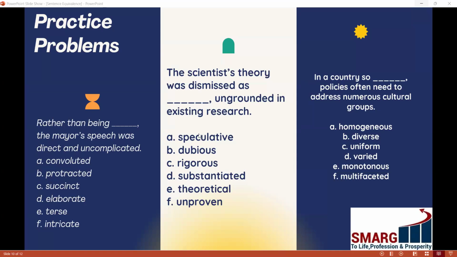So what two words are showing complication? Convoluted and intricate. While protracted happens to be a related word, it is very nice if you are independently writing this sentence and you want to describe something. Protracted would be a befitting adjective if you want to add on. But right now for this particular exercise, is this a good choice? No.